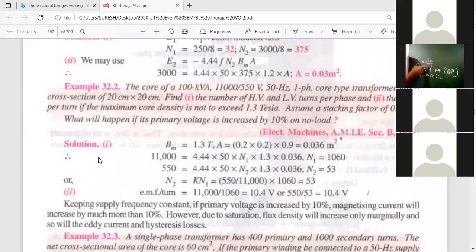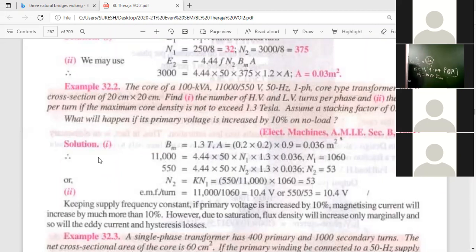We know E2, E1 and N1, so you can calculate N2. K is equal to E2 by E1, that is equal to N2 by N1.